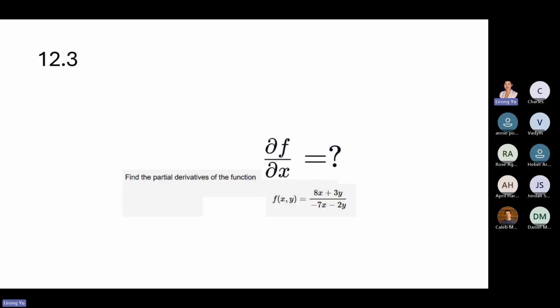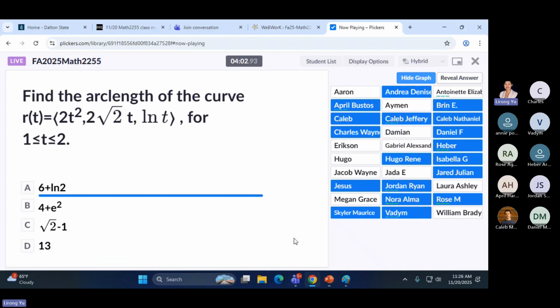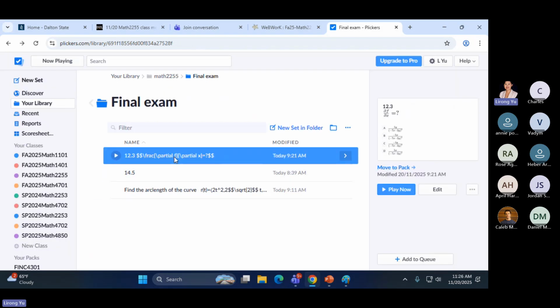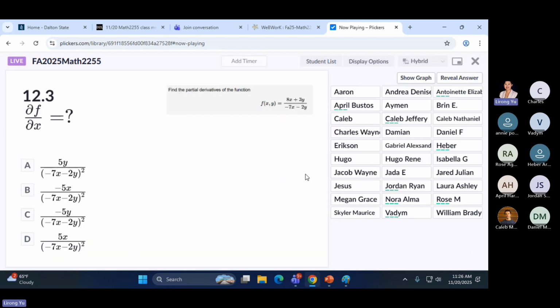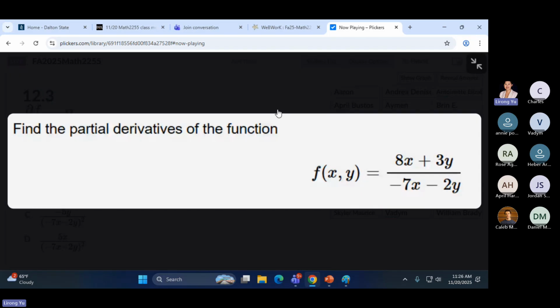All right, this is a partial derivative calculation. Let me find out if I had that. We'll practice the multivariable partial derivative calculation. Let's try this question. It is again one of the questions that we have in the assignment. It's not overly difficult, but you do have to remember how to apply the quotient rule.